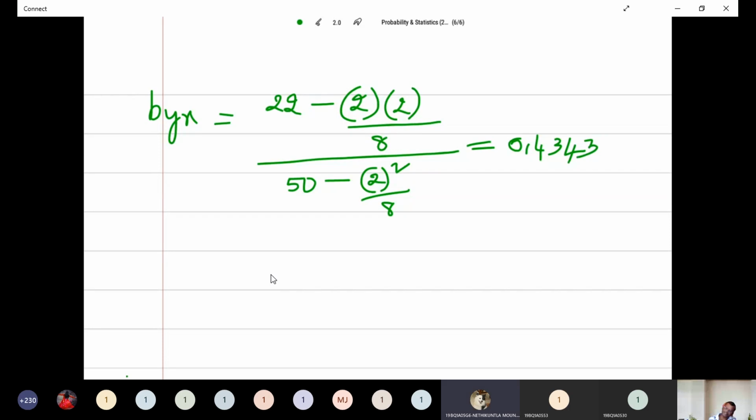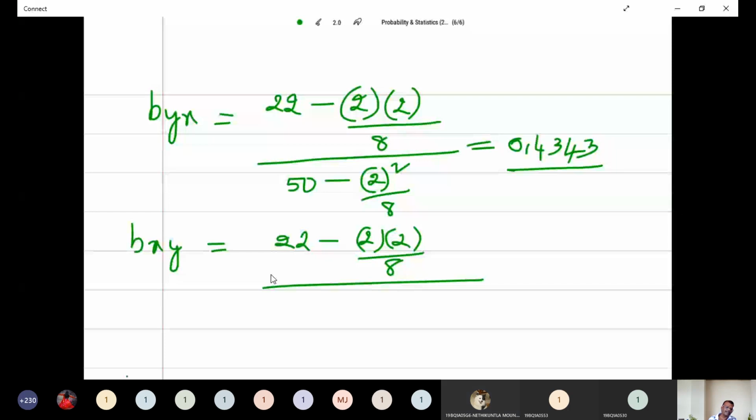0.4343. Similarly, we can find the regression coefficient x on y, bxy. That is equal to summation dx dy, 22, minus summation dx summation dy by n, whole divided by summation dy square, 70, minus summation dy whole square, 2 square, by 8.